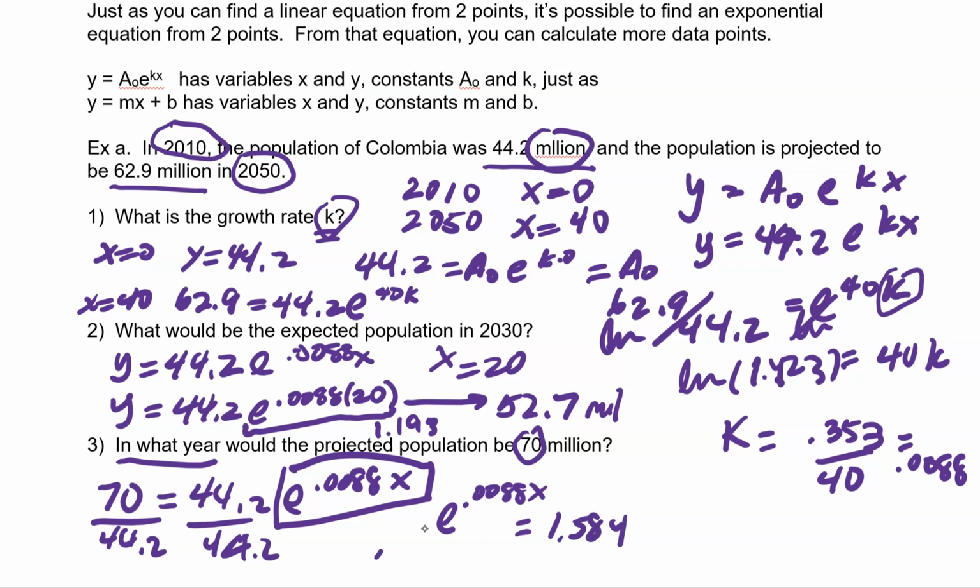And if we take the natural log of both sides, we can eliminate the e, and this expression then will be divided by 0.0088, and we get then that x is equal to about 52. What that corresponds to is then the year, 52 years out from the year 2010, gives us the year 2062.